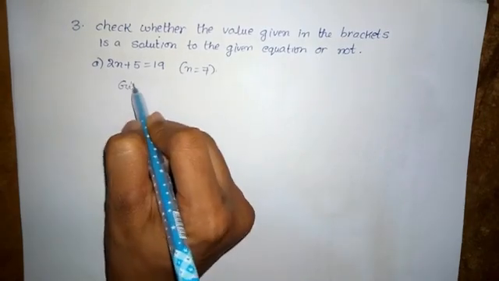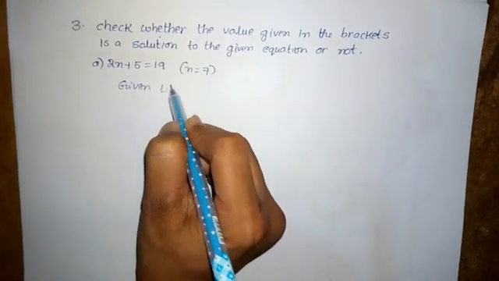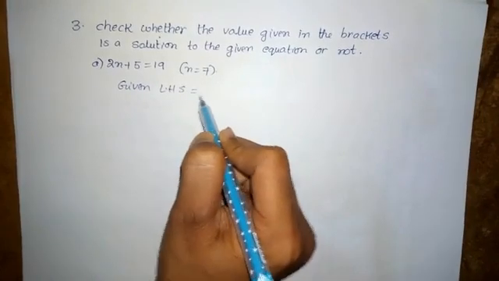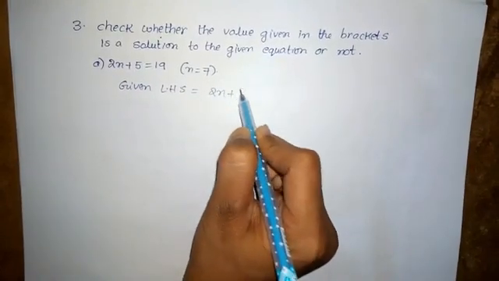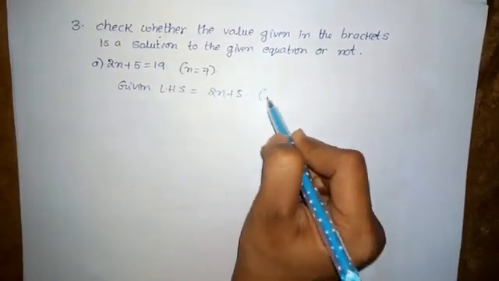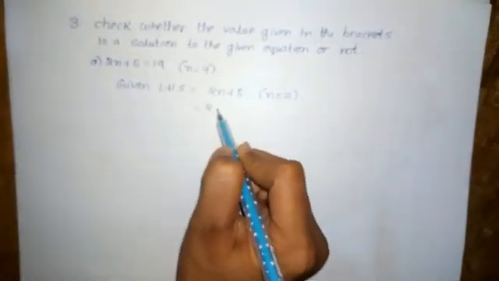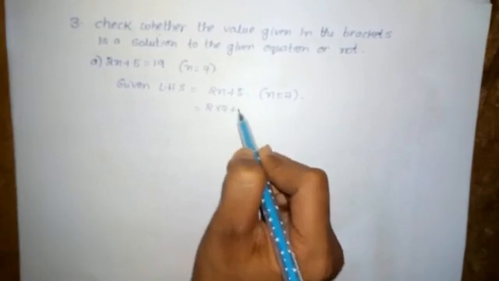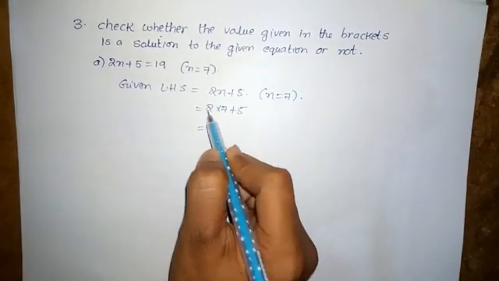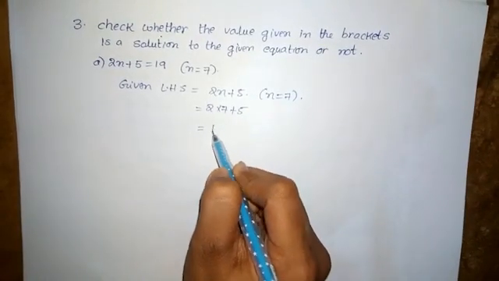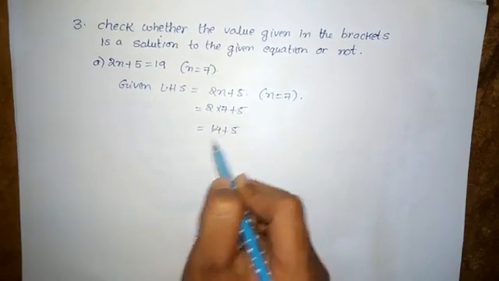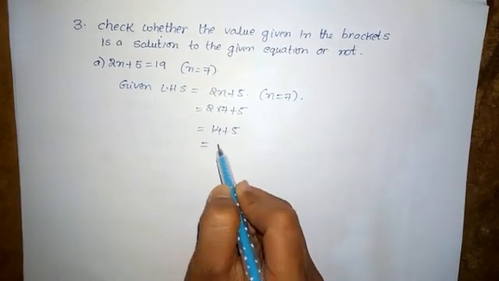So given LHS, that is equal to 2n plus 5. Here n equal to 7 is substituted. So 2 into 7 plus 5. 2 into 7 becomes 14, plus 5. So 14 plus 5 is equal to 19.